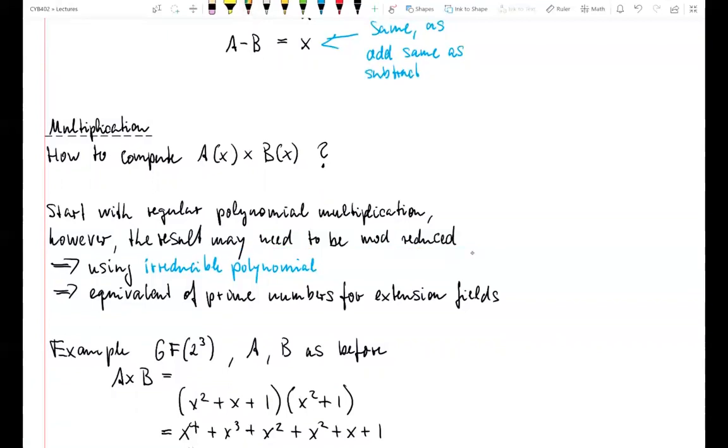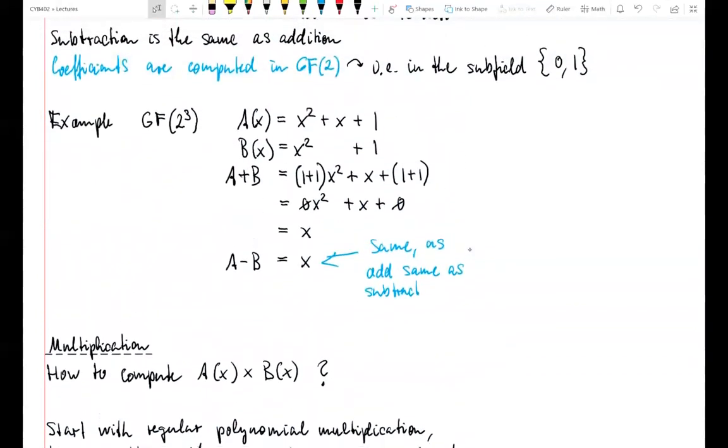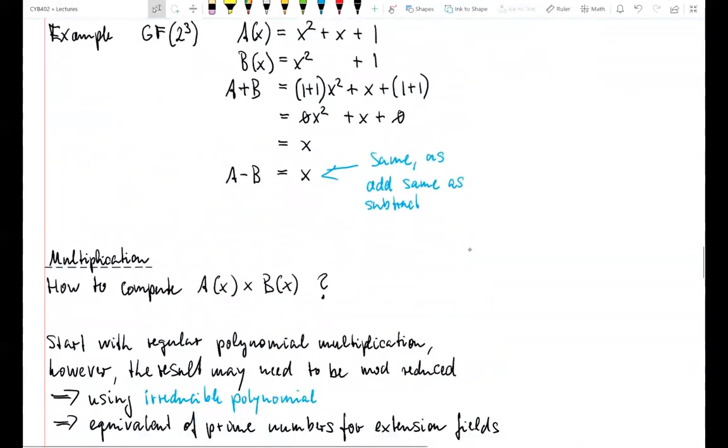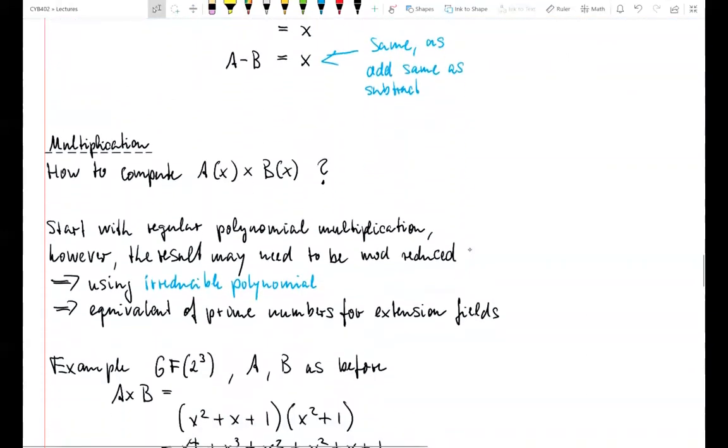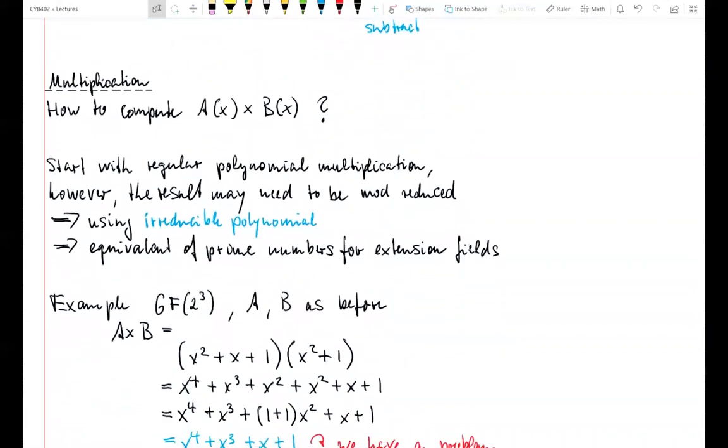And the question is, how do we do modular reduction? Before, we did modular reduction with prime numbers like 2, or 5 or 11 or whatever. Here in this case, we do modular reduction using a term that is kind of similar or the equivalent to a prime number as we know them.